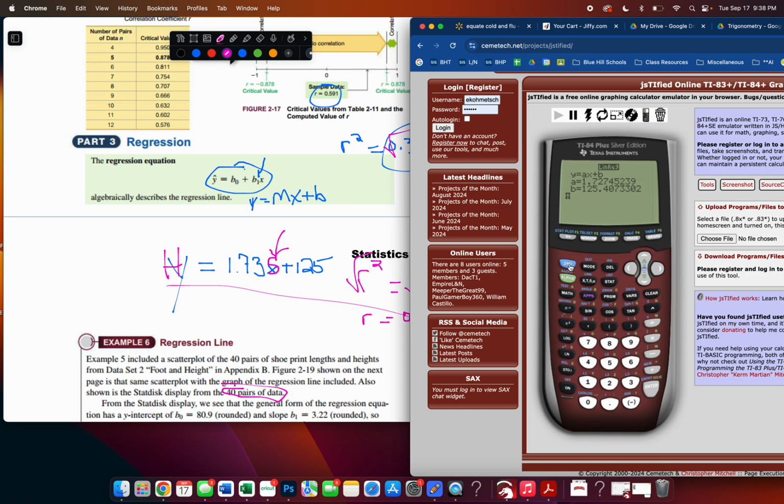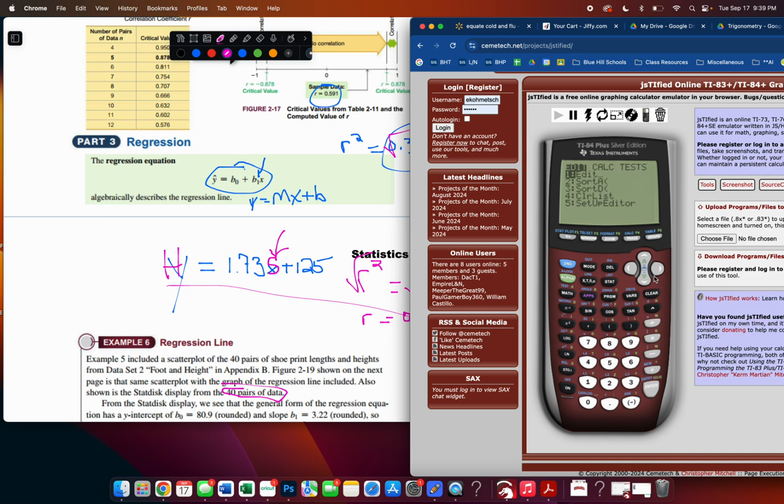So you go second catalog, which is second 0, and I'm going to go down to diagnostic on. These are in alphabetical order. I'm going to go down to D. Diagnostic on. Right there. Diagnostic off and diagnostic on. I want to be diagnostic on. I'm going to hit enter. I'm going to hit enter again, and it's going to say done.